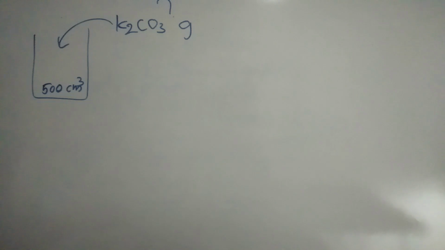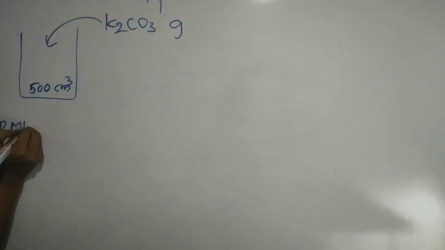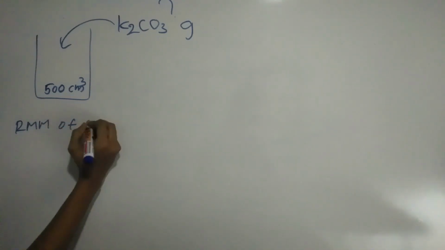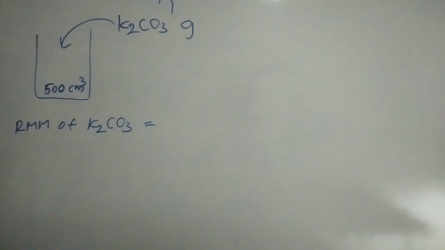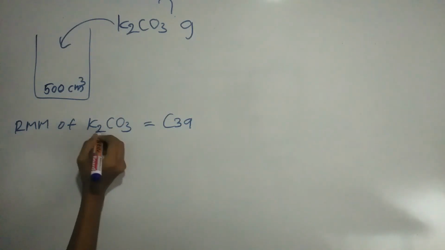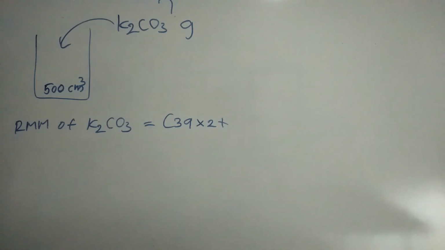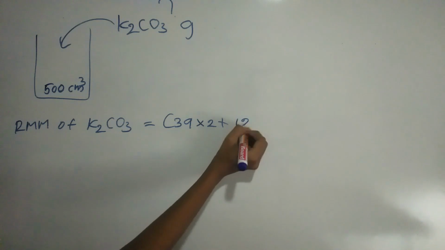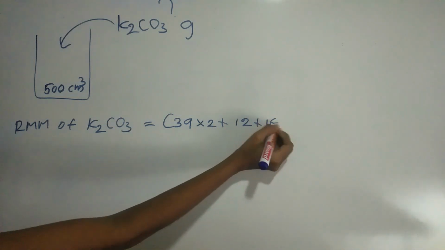First we have to find the relative molecular mass of potassium carbonate. We know the relative atomic mass of potassium is 39. So there are 2 potassium atoms, 39 into 2, plus the relative atomic mass of carbon is 12 and oxygen is 16 because 3 are there, 16 into 3.